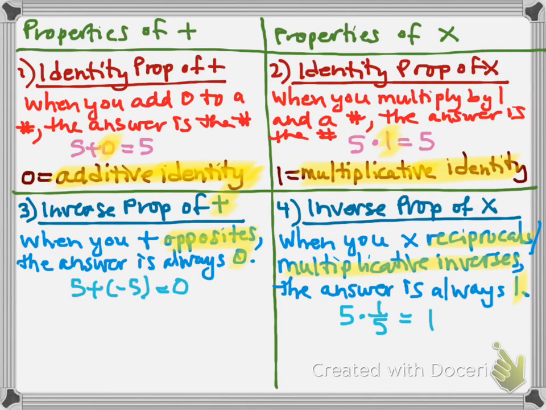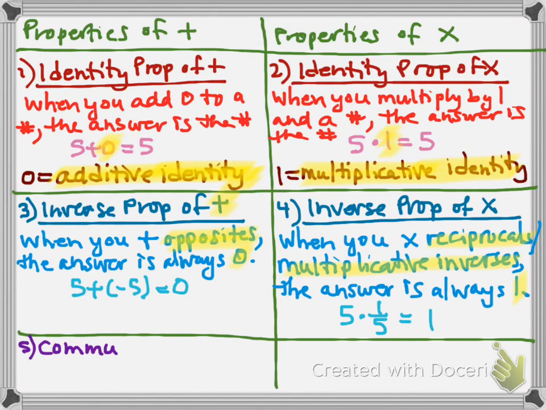This one I think I'm just going to do examples. So let's do darker. The 5th one is going to be the commutative property. Notice no n of addition.